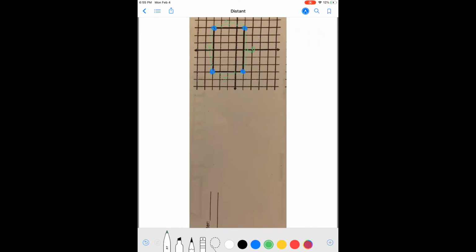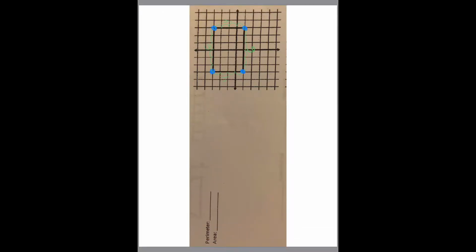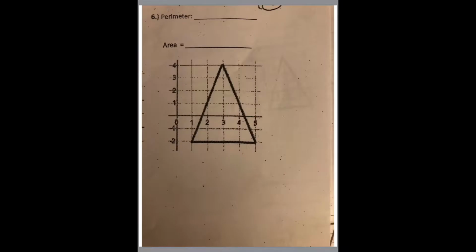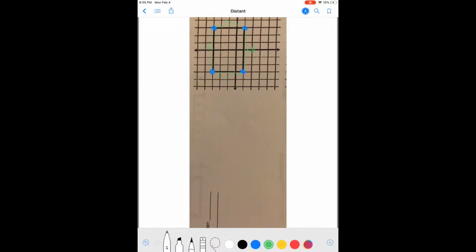So for this question specifically, you were asked for the perimeter and the area. So for the perimeter, we have to do 6 plus 6 plus 4 plus 4, which gives us 12 plus 8, which gives us 20.